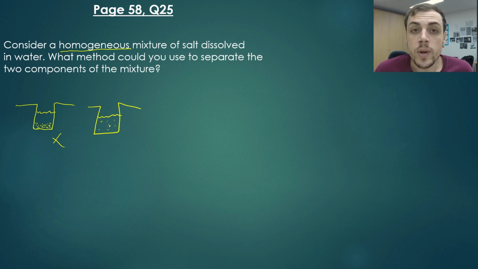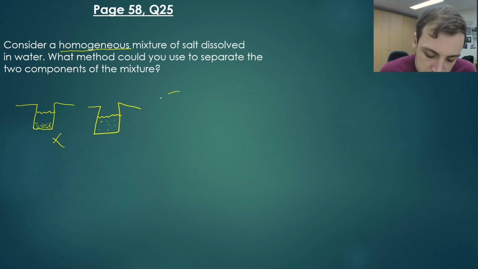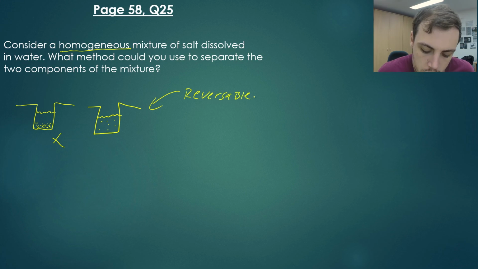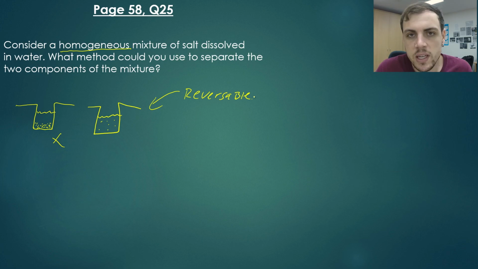We can simply boil it. Now what's important here is that when we put salt in water, it is a physical change. It is not a chemical change. And the reason for that is because this is reversible. That's a very important distinction between a chemical and a physical change.